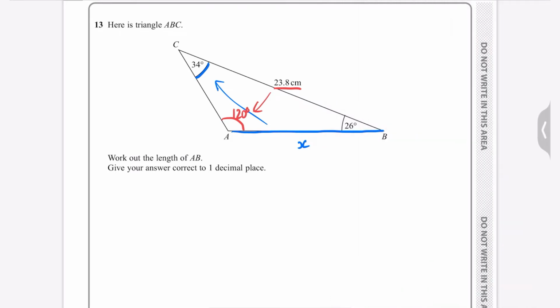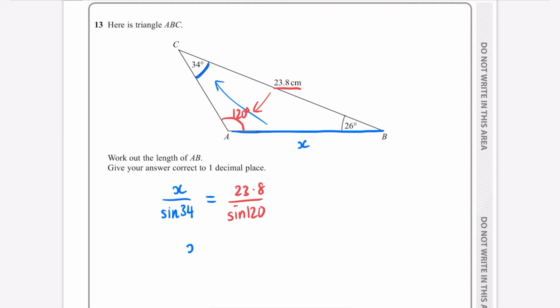So I'm going to do the sine rule, where I'm going to do the side length, which is x, divided by the sine of the angle opposite, which is sine 34. That would be the same as the side length, which is 23.8, divided by the sine of the angle that is opposite.